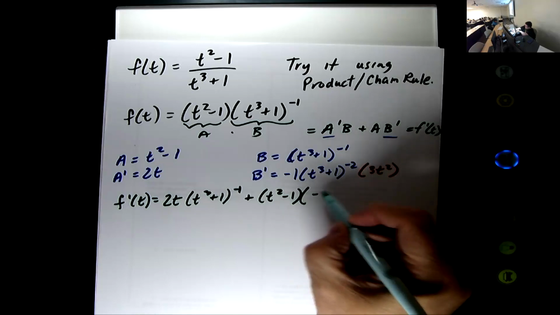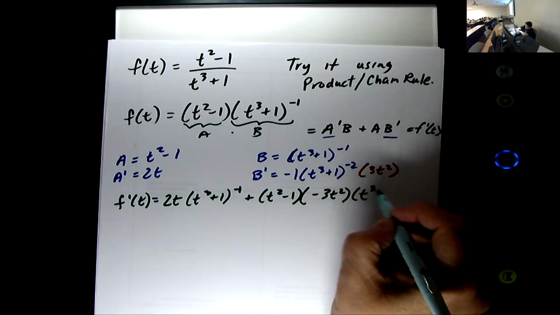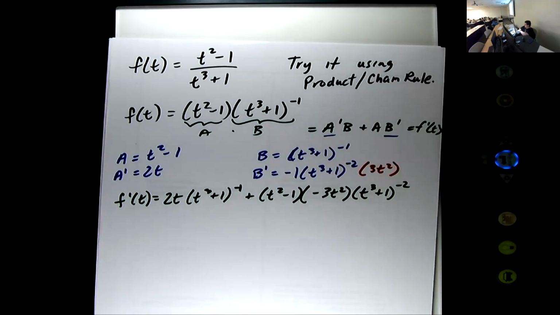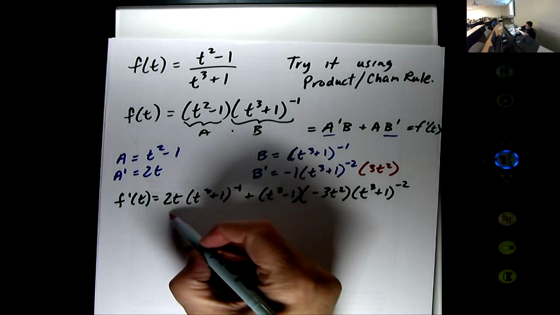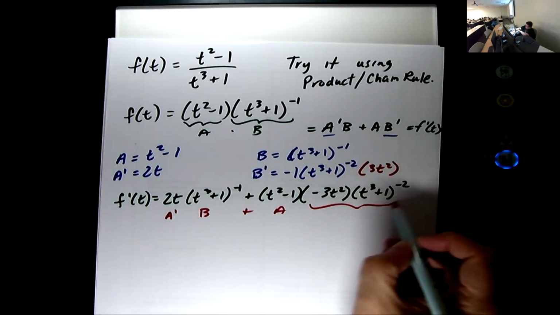I can make this negative 3t squared times t cubed plus 1 to the negative 2. Where I just put the negative 1 and the 3t squared together. So a prime b plus a b prime.